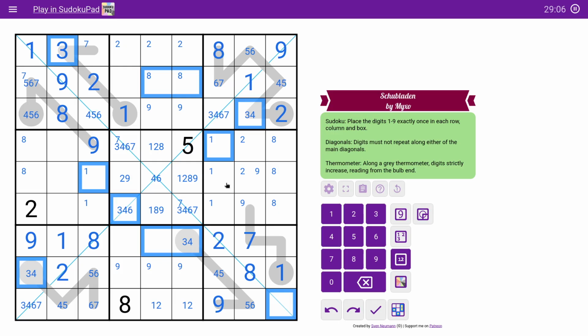And it even feels very plausible because this relieves a lot of the tension in the grid by assigning 3s into small thermometer locations.